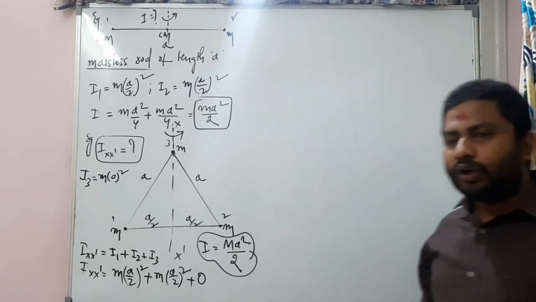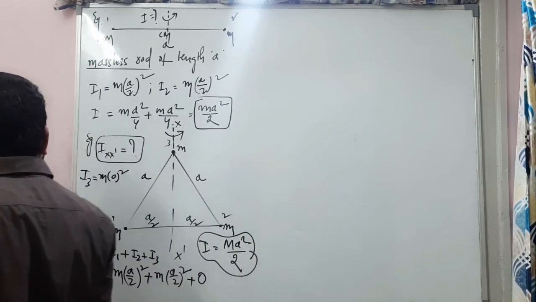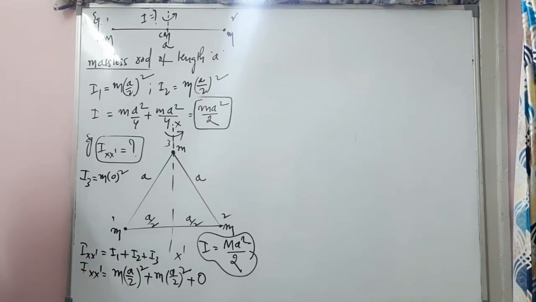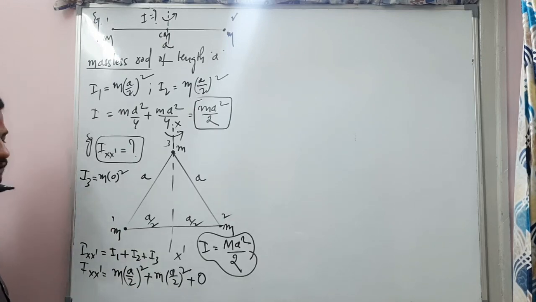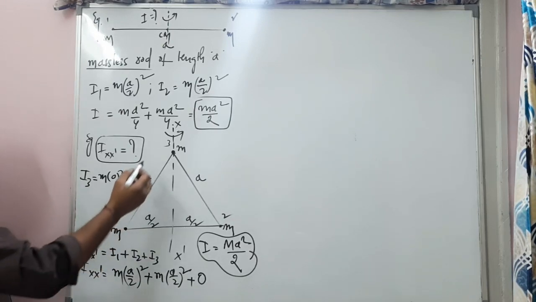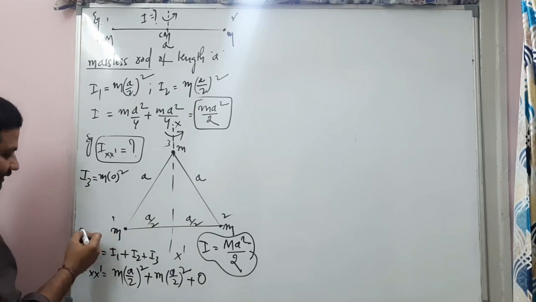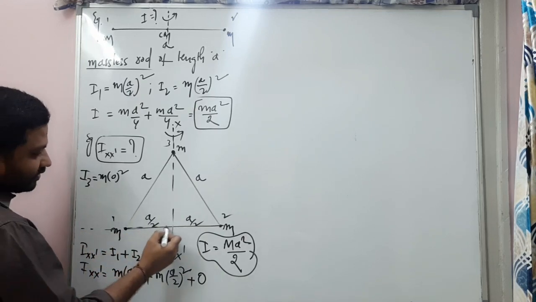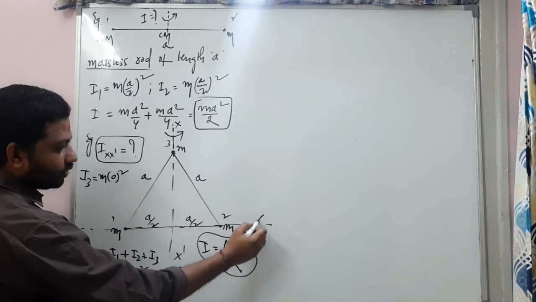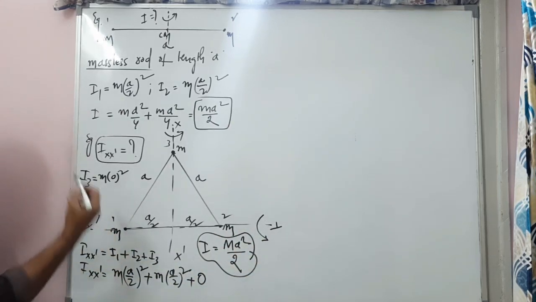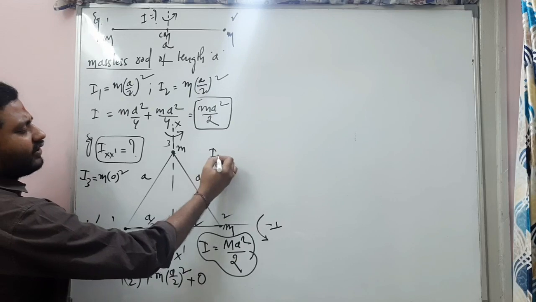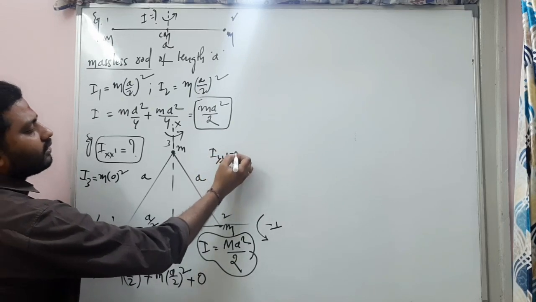Now the homework is, listen my dear students, right now you should pause the video and solve this, and carefully observe. This is the axis of rotation here. Imagine it's a y dash. What is the moment of inertia about the axis y dash?